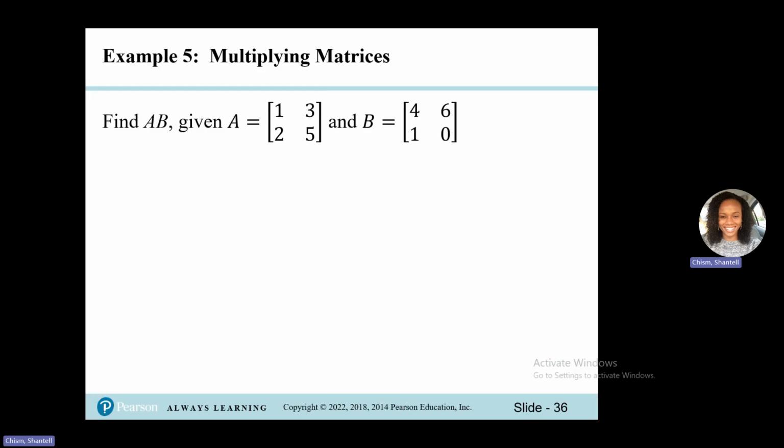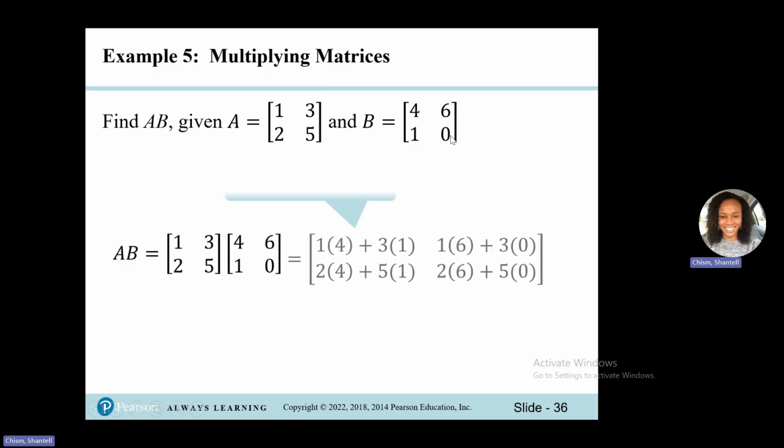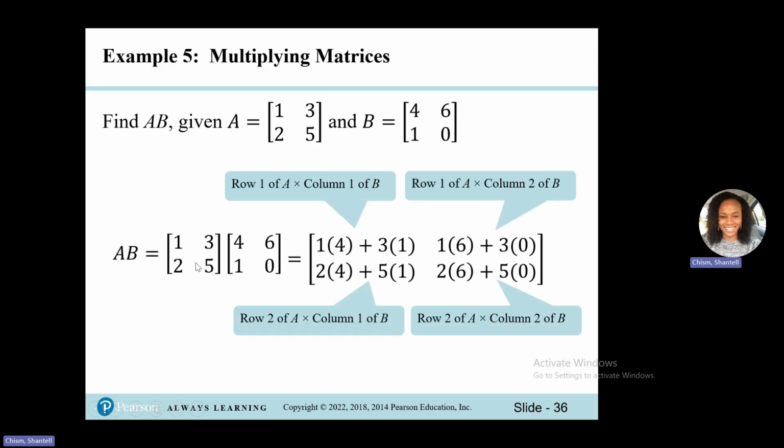So here it says find AB, given that A is a 2 by 2 with 1, 3, 2, 5 as the elements, and B is also 2 by 2 with 4, 6, 1, 0 as its elements. So multiplying them together, the columns on A match the rows on B, and so the answer would be a 2 by 2.